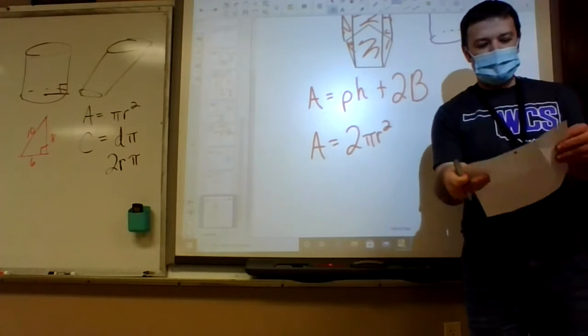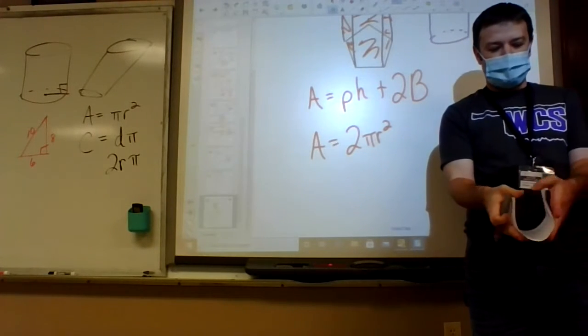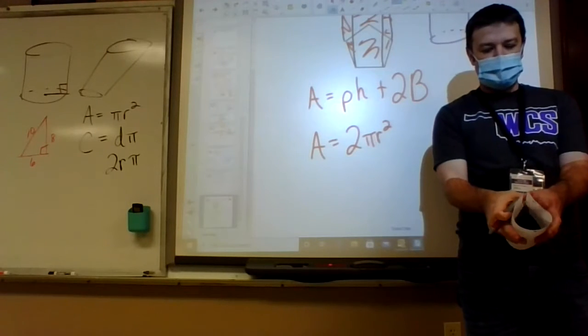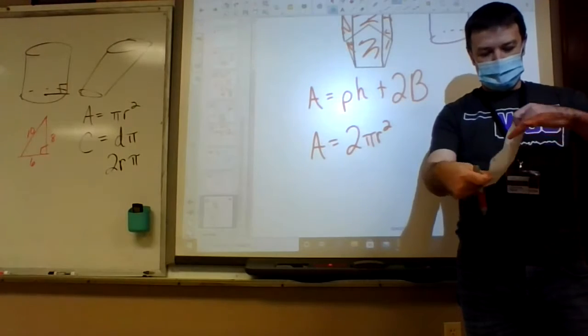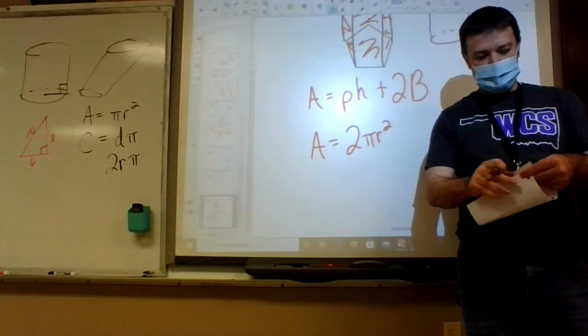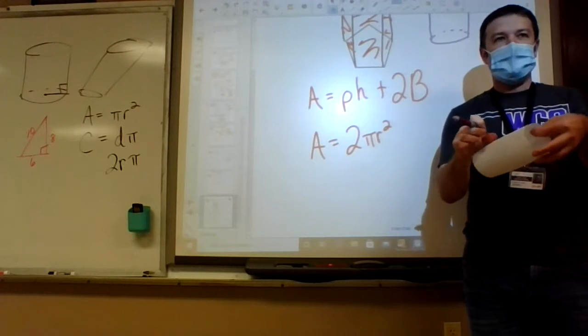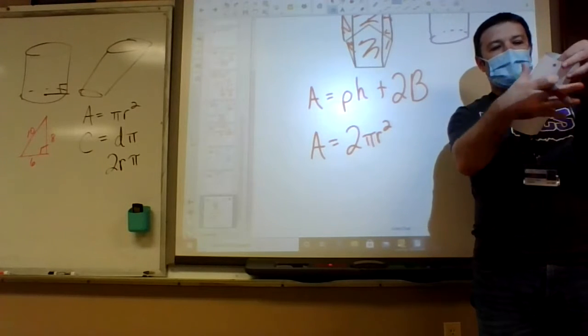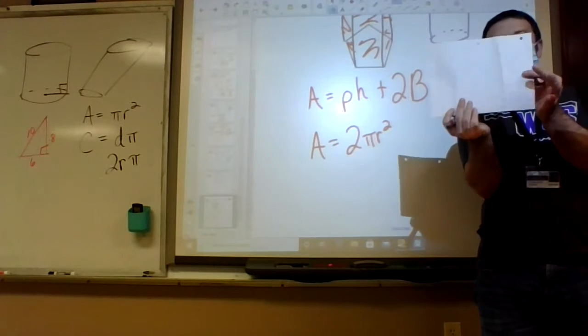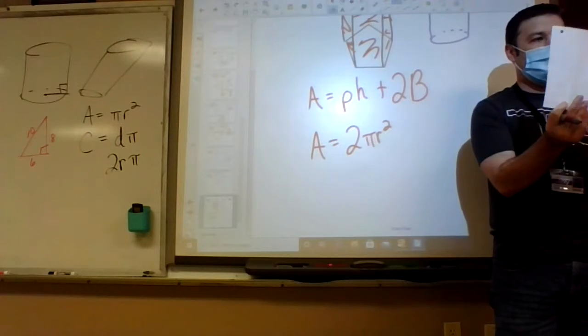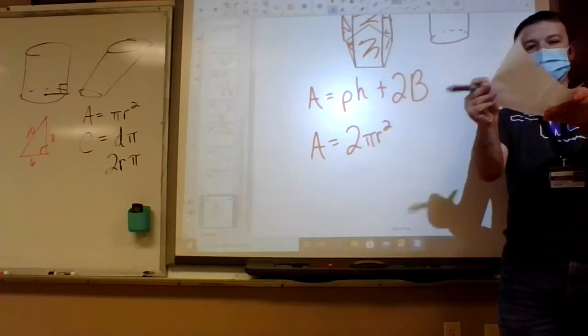And the same idea on a cylinder. If I curled this up, made a cylinder, now it's wanting to be flat because I shaped it earlier. Anyway, imagine this is a cylinder. This lateral surface area, again, if I unroll it, is still a rectangle. How long is this?